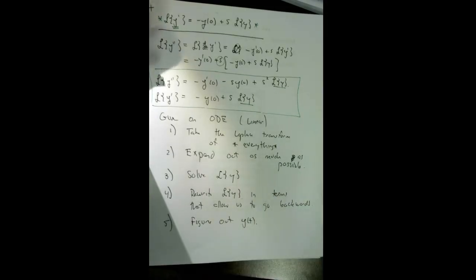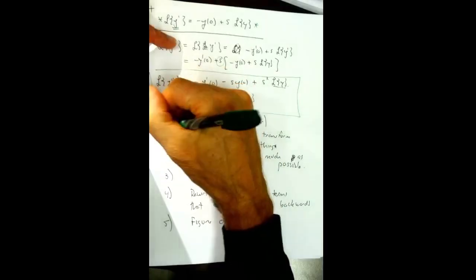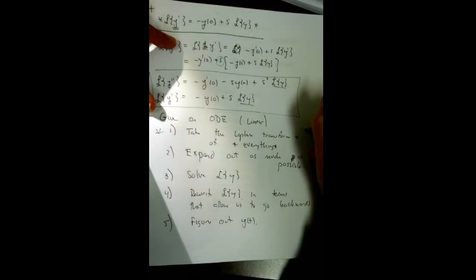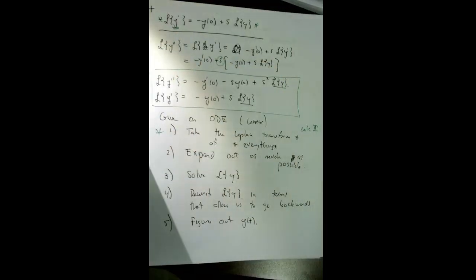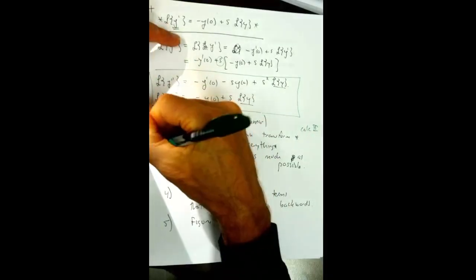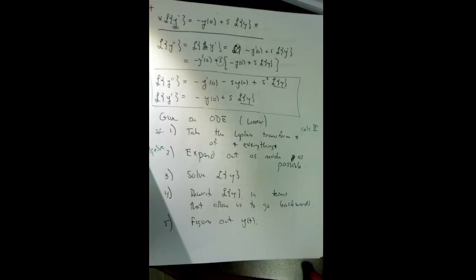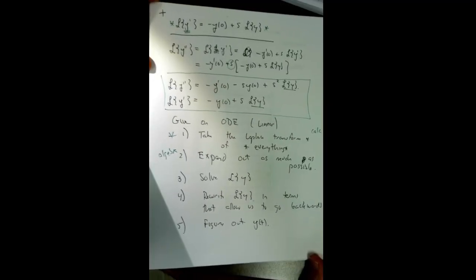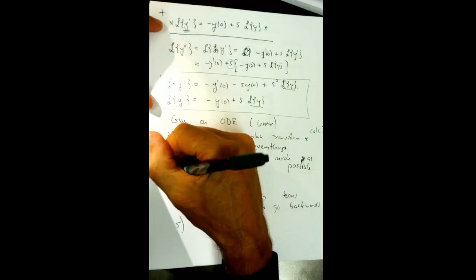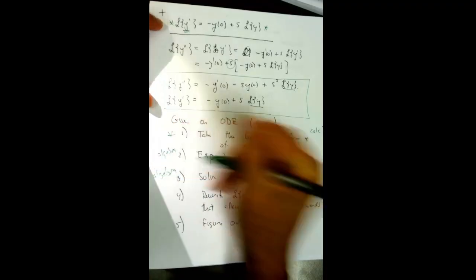And it's important to note here, this is Calc 2. Step 2 is basically algebra. Step 3 is algebra.